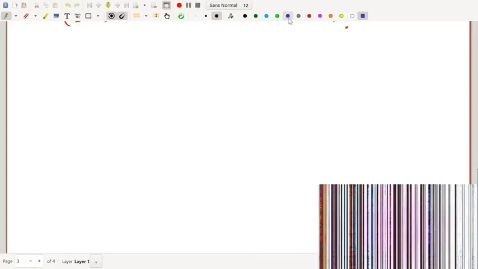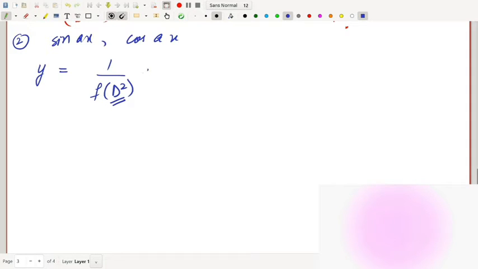Now, second case, if our Q is of the form sin ax or cos ax, then particular integral 1/f(D square), D square को रिप्लेस करना है, mind it, sin ax or cos ax is equal to 1/f(minus a square) sin ax, which should be not equal to 0.